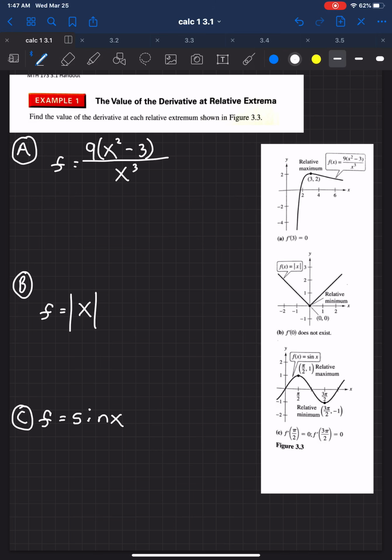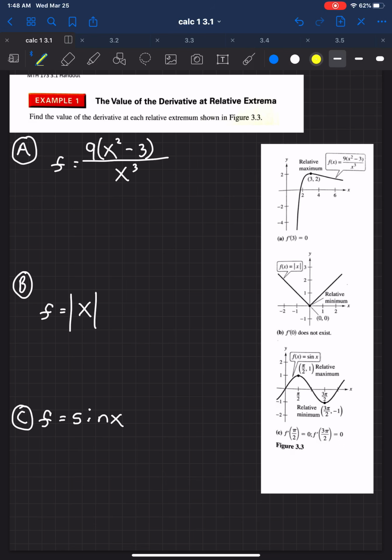So let's play for just a second. What I have is three functions, and off to the right I have the three graphs of each function. Let's read the question. It says, find the value of the derivative at the relative extremum.